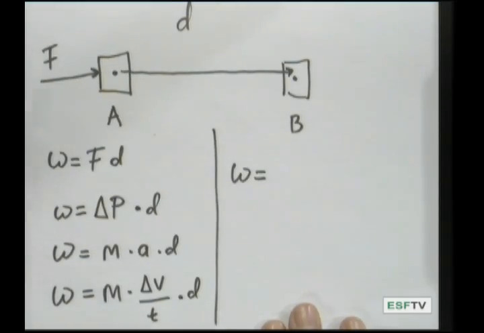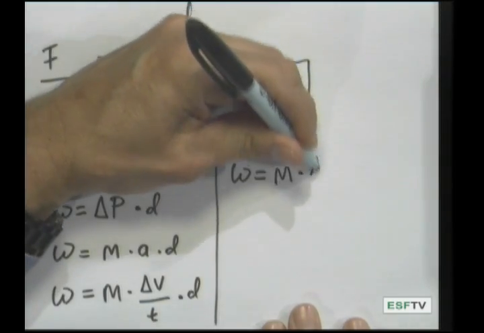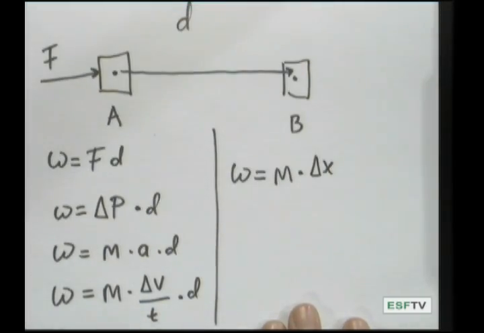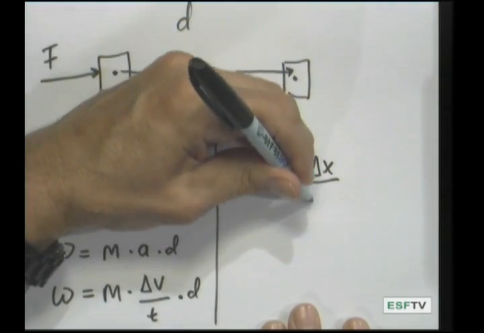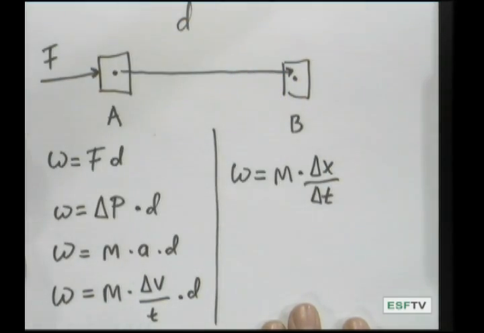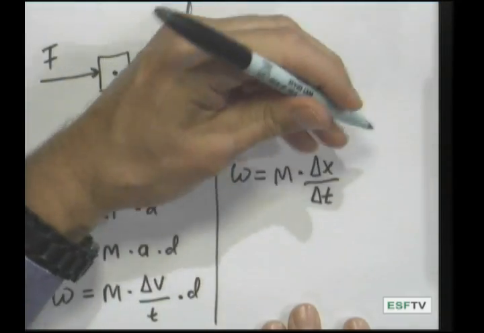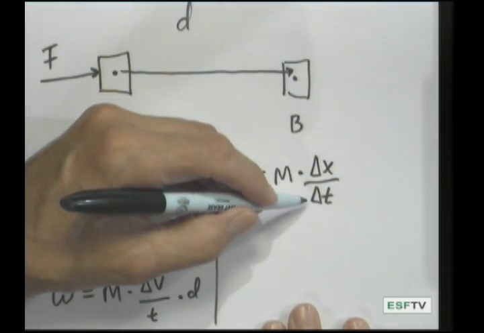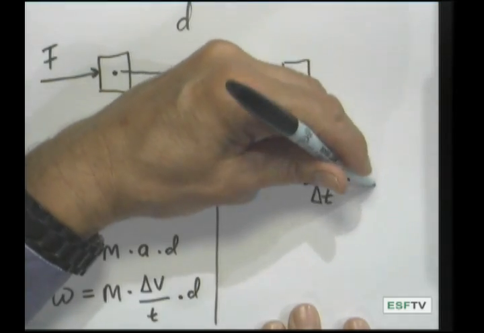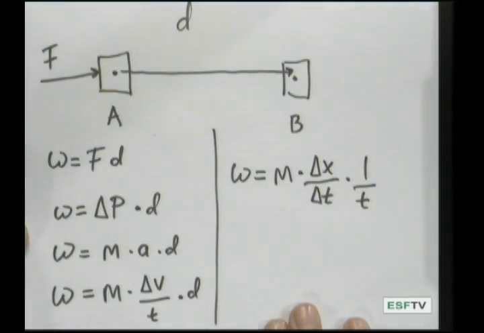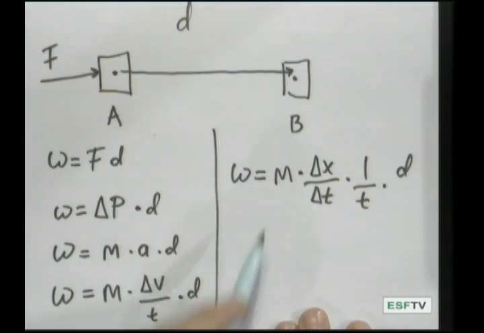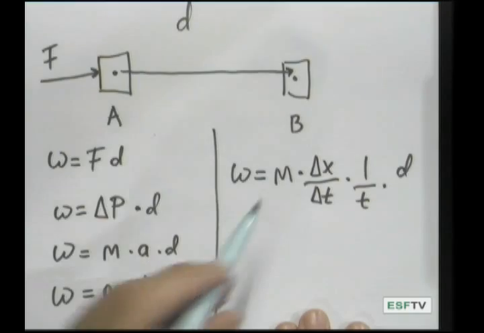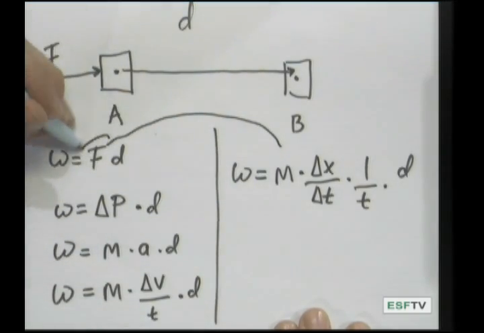Work is equal to mass times a change of position, distance, over a change of time, and this is a change of velocity, a change of distance over time, and then of course we have this multiplied out by the distance moved. So this equation right here is basically this relationship right here, okay?